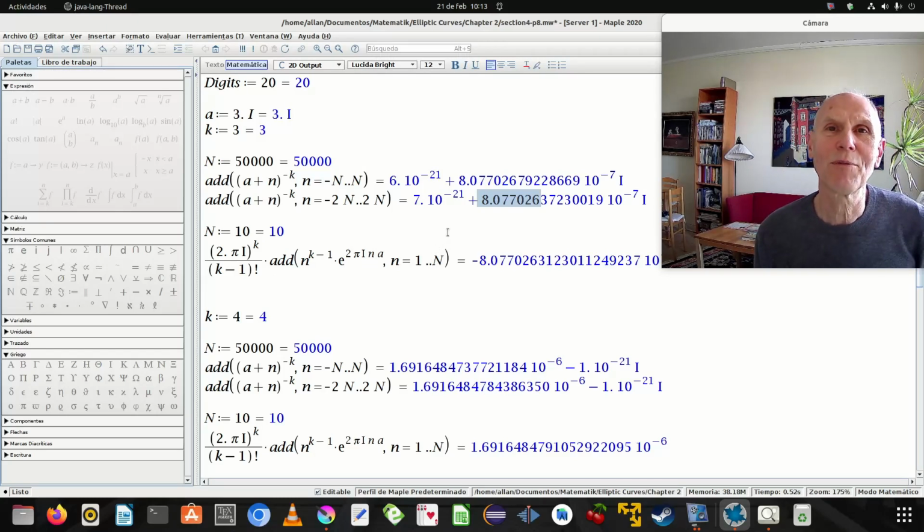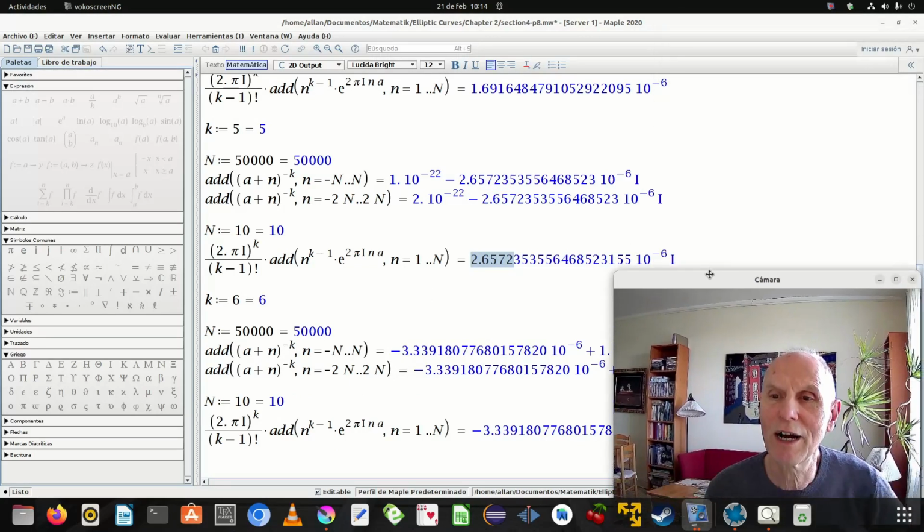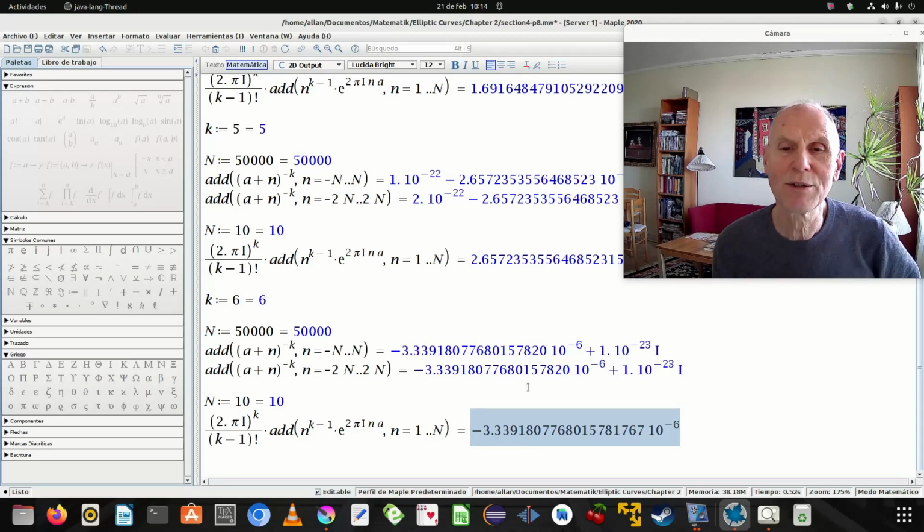Now, becoming faint-hearted, I used the formula in the book. And as you can see, the right-hand side gives the opposite result. When n equals 4, it gives the same, this time being real. When n equals 5, it's the opposite, imaginary. I hope there is an I there. Yes, there was. And when n equals 6, it's the same, a negative real number.